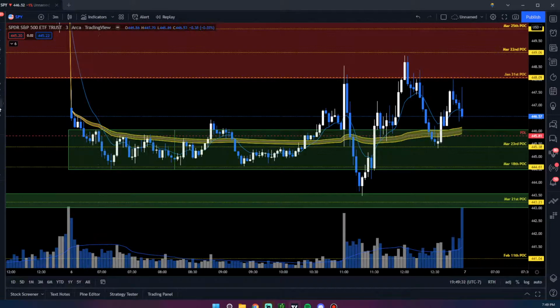So in this instance here, you would take puts after this candle closed right here. So that means you would hop in puts on this very next candle over here and play it to the downside. And you can see, it works really well.